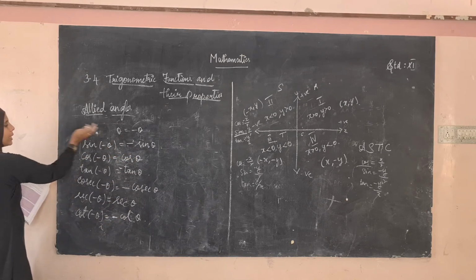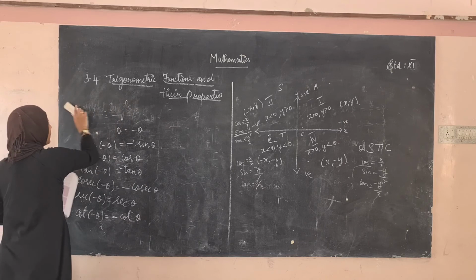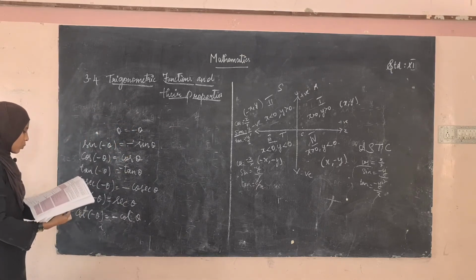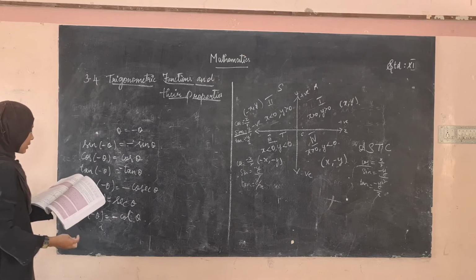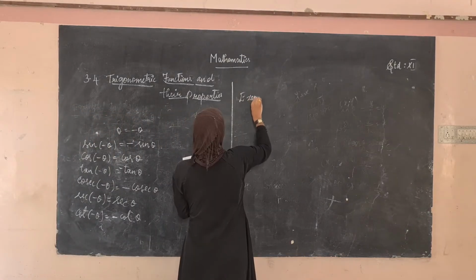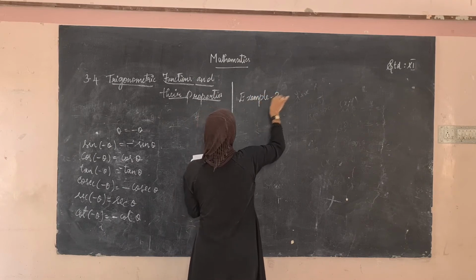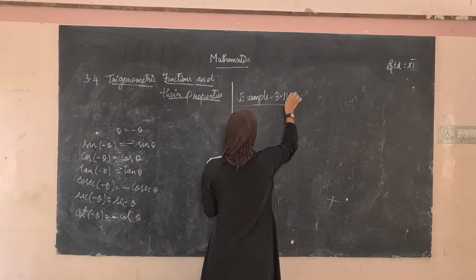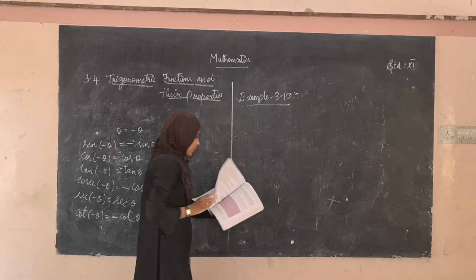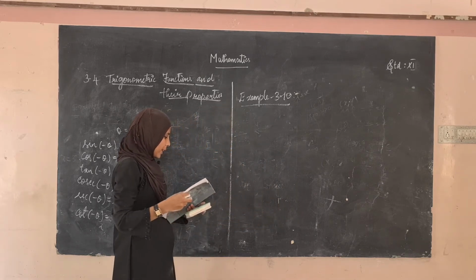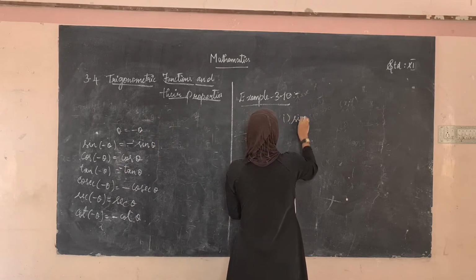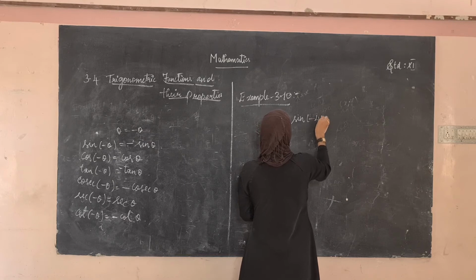So when we substitute minus theta, that is negative angles, we will be getting these values. Okay, see example 3.10. Find the value of sine of minus 45 degree.